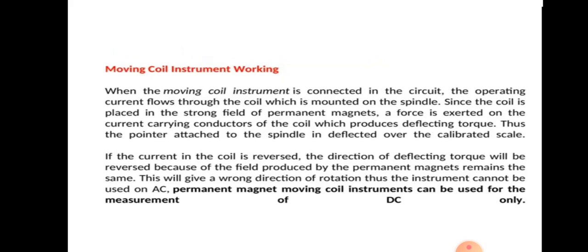Thus the pointer attached to the spindle is deflected over the calibrated scale. Okay, so a similar point is explained here, the process in a single line: when we apply the input, what happens in the actual system and how the output is received on the receiving end, meaning on the measuring scale. So I think this point is clear to everyone.